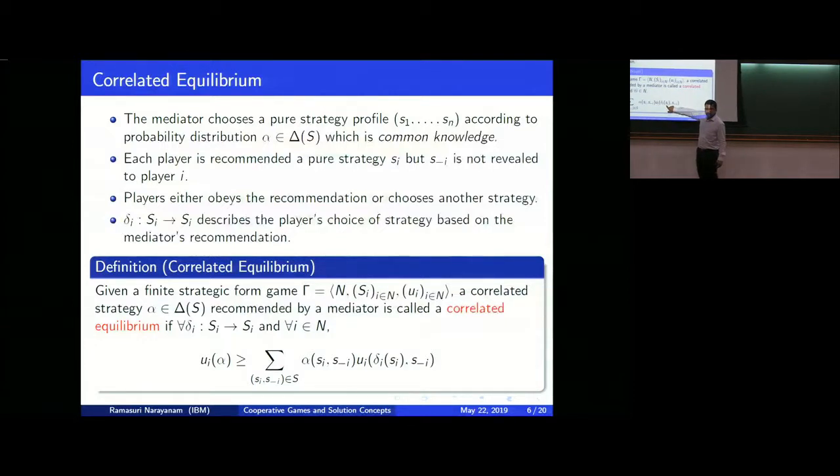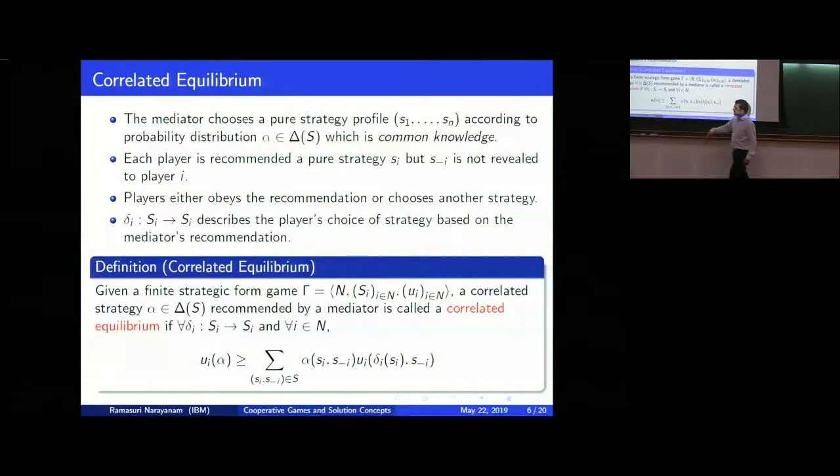Clear? This is a pure strategy. These are the pure strategies of all the other players. Together they define a strategy profile of all the players, using which you can look at the utility of the ith player. And this particular profile is played with probability alpha of Si, S minus i, as per this correlated strategy.